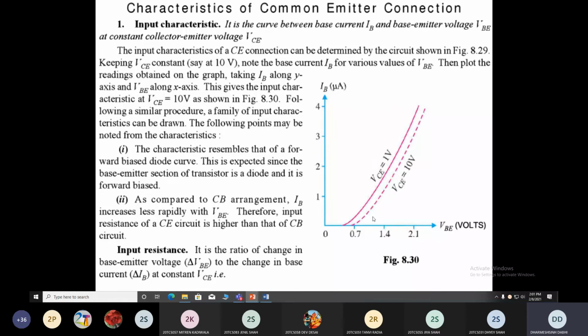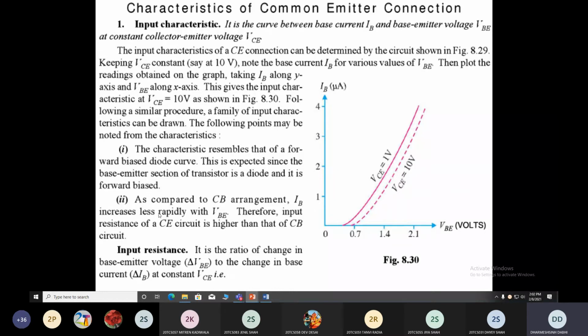In that we increase the anode cathode voltage and the anode current will increase. Here in the same way, as you increase the base to emitter voltage, your base current will increase. So the characteristic resembles the forward bias diode characteristic. This is expected because the base emitter section of the transistor acts as a PN junction diode, which is always forward biased.